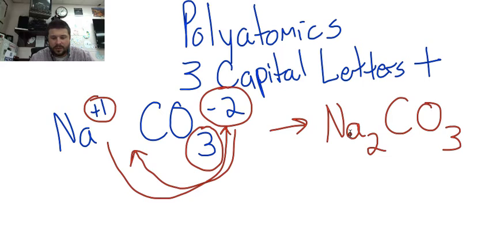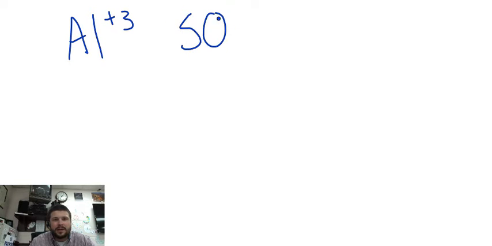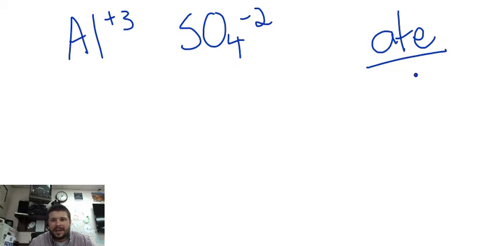Let's look at one more example of that. Let's look at aluminum, which is a +3, and sulfate, which is SO4 2-, which also brings up another point. If it's a polyatomic, it ends in ATE or ITE. All right, there are a couple exceptions.